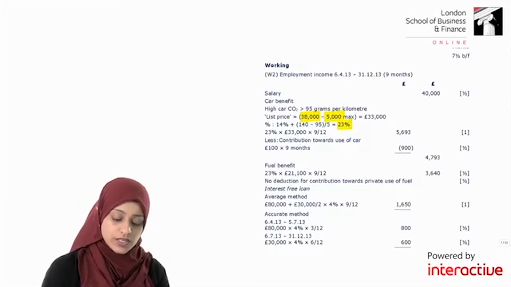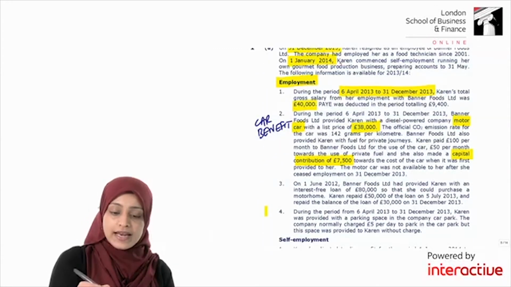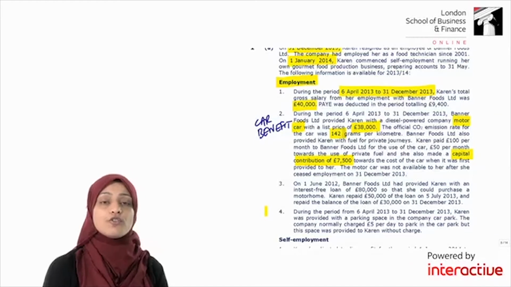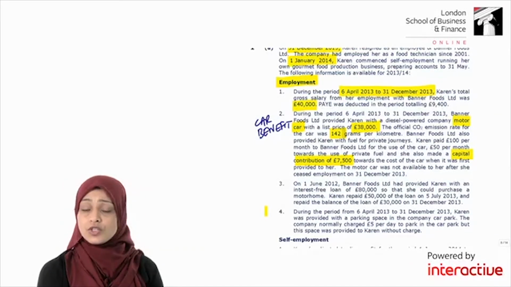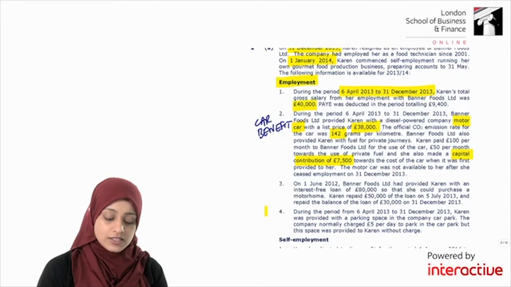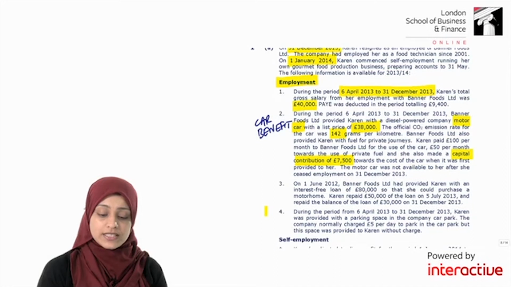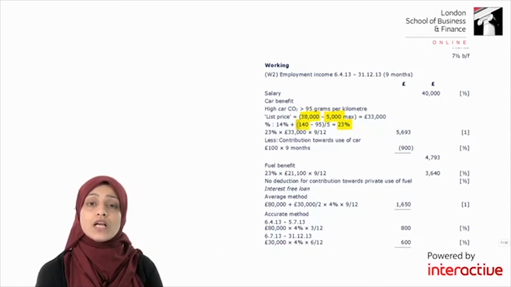Now we were told here that the car was a diesel powered car and had a CO2 emission of 140. So we can round down to the nearest number that is divisible by 5, and when we round down to a number that is divisible by 5, that is why we get 140.